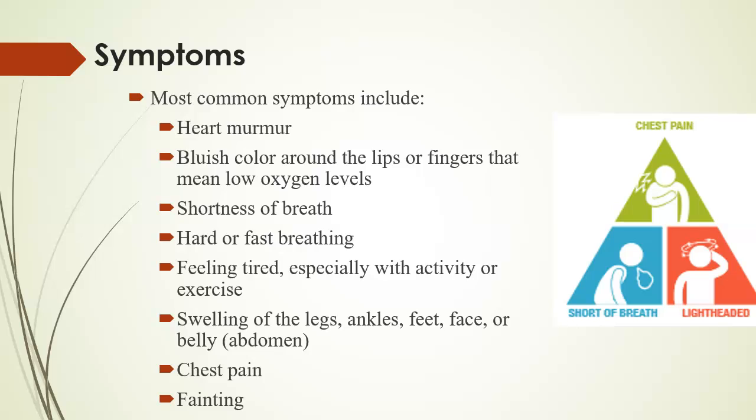You feel tired, especially after physical activities and exercise, and that can also come from your shortness of breath. You have swelling of the legs, ankles, feet, your face, your abdomen, and I've also heard people saying that when they have this condition their fingers get really swollen. You can have chest pain and fainting.